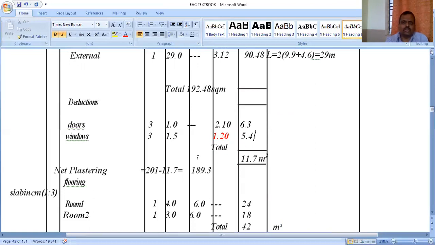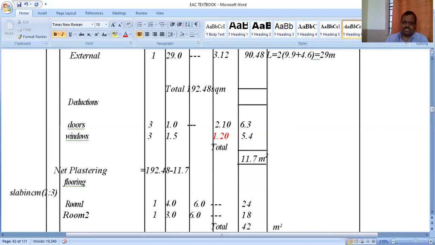Now, what about the total net plastering? Net plastering will be total plastering minus deductions. So the plastering initially is 192.48 square meter minus the deduction of 11.7. How much will the answer be?